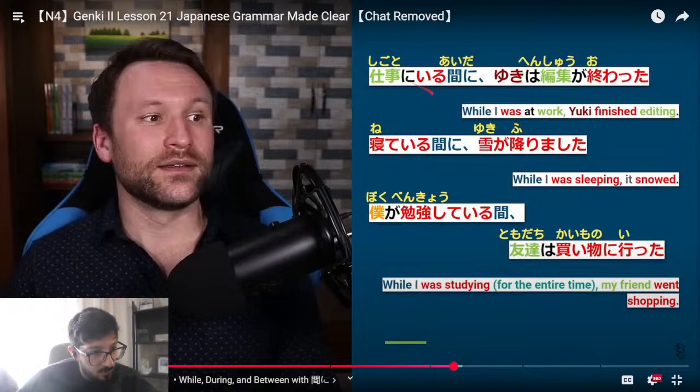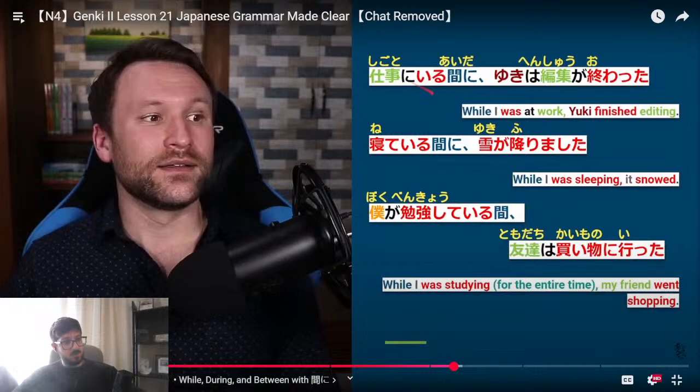If I say 隠す, then I don't hide below the table, but I hide something. I hid something below the table. Of course, that's the important difference. 隠れる, I hide below the table. If I say 隠す, I hide something below the table.